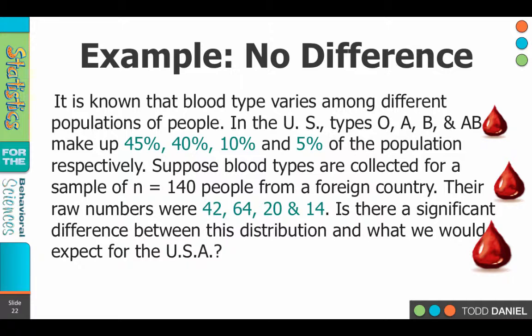The raw numbers that we get from that foreign country are 42, 64, 20, and 14. What we want to know is whether there is a significant difference between this distribution and what we would expect in the United States. All right, let's go back to our table and let's do the math.